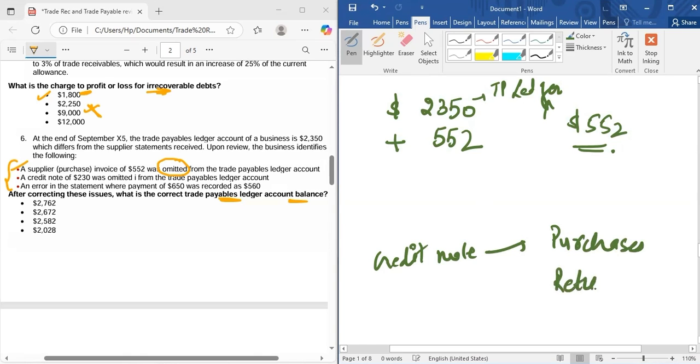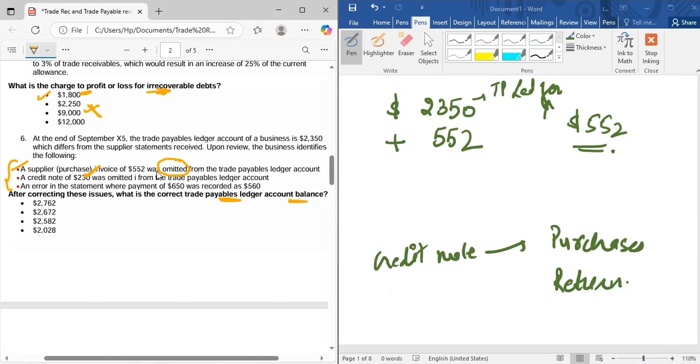Initially, we purchased something from a supplier, but later on we returned it. Because we have returned the purchases, we will not pay that amount to the supplier. At that time we would have recorded this 230 amount, but now we have returned the goods, so we do not owe them this 230 amount. We will not pay them 230.